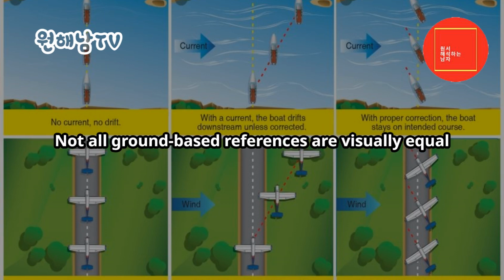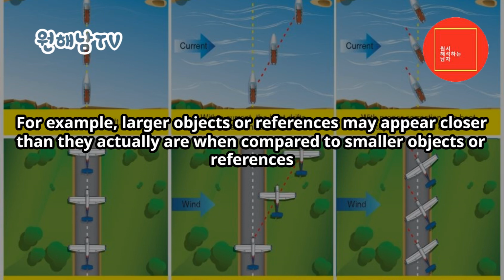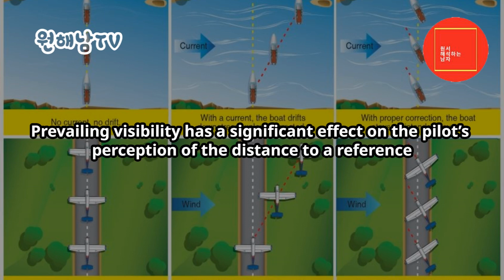Not all ground-based references are visually equal. Awareness of typical visual illusions helps a pilot select appropriate references. For example, larger objects or references may appear closer than they actually are when compared to smaller objects or references. Prevailing visibility has a significant effect on the pilot's perception of the distance to a reference.